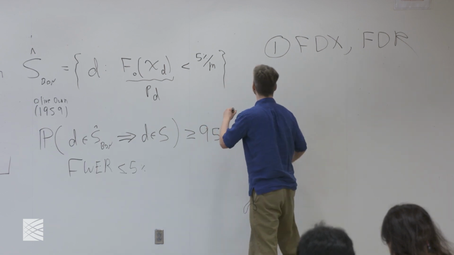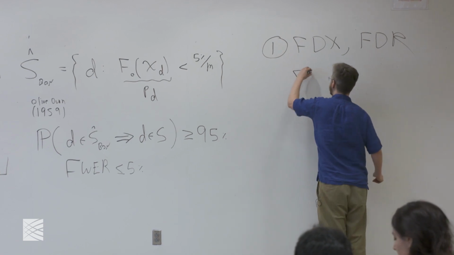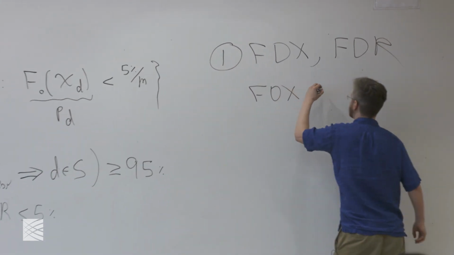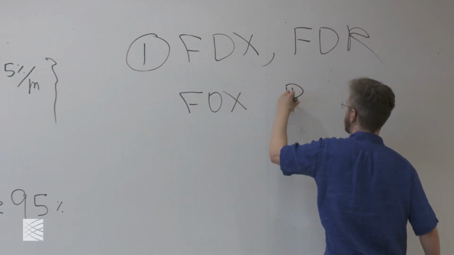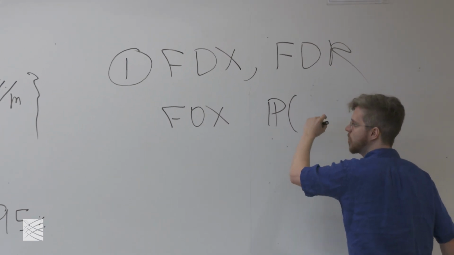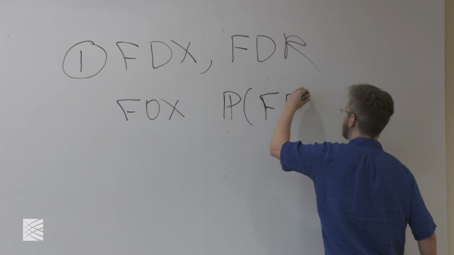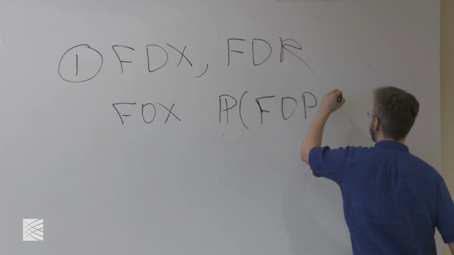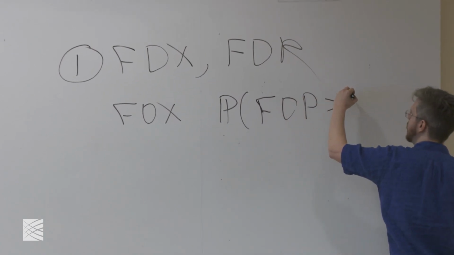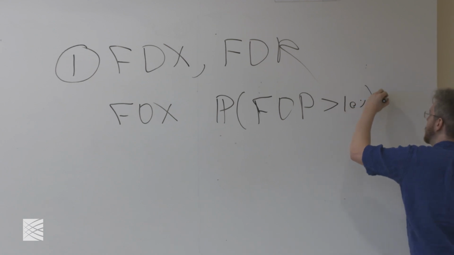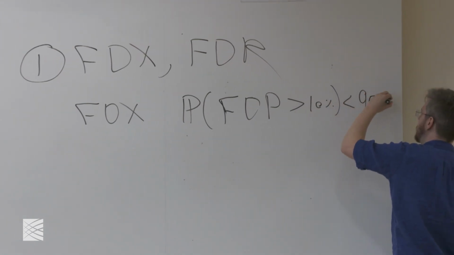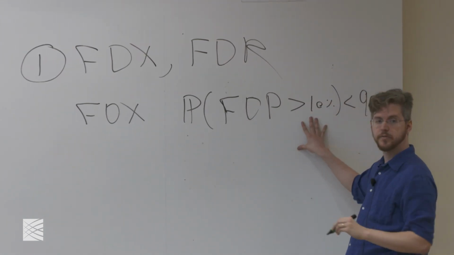So I'm just going to review those here in the language that we have here. False discovery proportion is greater than 10% is less than 95%. So this is FDX, an example of an FDX.